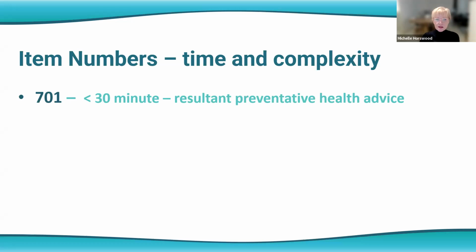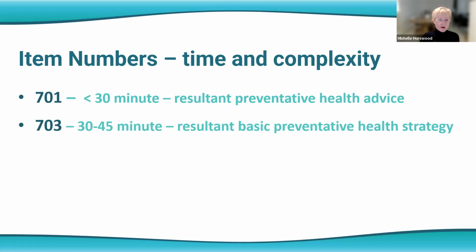So the 701 is less than 30 minutes, and the result of that is supposed to be some preventative health advice. I personally wouldn't do a health assessment in less than 30 minutes. I think you're wasting your ability to claim a health assessment if you do something that's that brief, but I'm happy to have a discussion about that if you would like to.